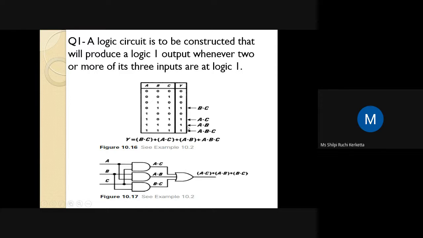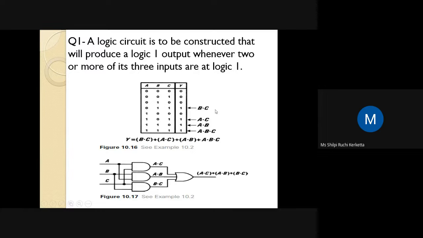So we will use sum of products whenever there is a one. We will consider all those cases. Here we have A dash into B into C, but they have eliminated the dash part. Wherever there are zeros, they have eliminated them.